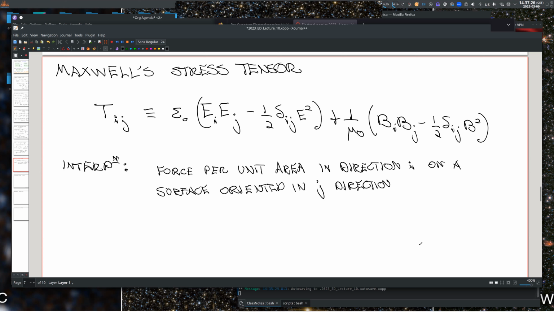Okay, so you've got electric fields, you've got magnetic fields, you've got a little surface here with a normal going in a certain direction, which is j, and then on this surface there can be a force in any of three directions. So the Maxwell stress tensor essentially tells you what force acts on a certain little blob like this.